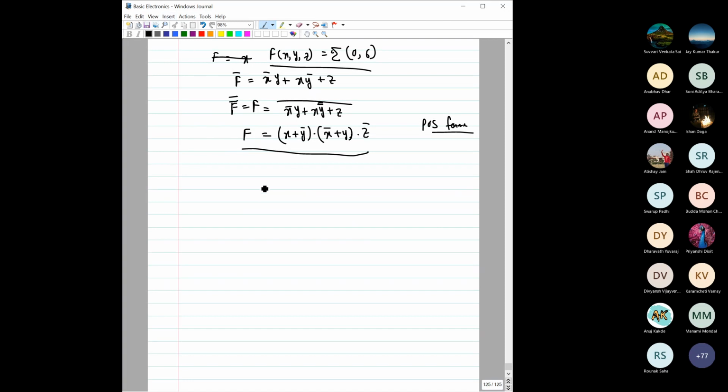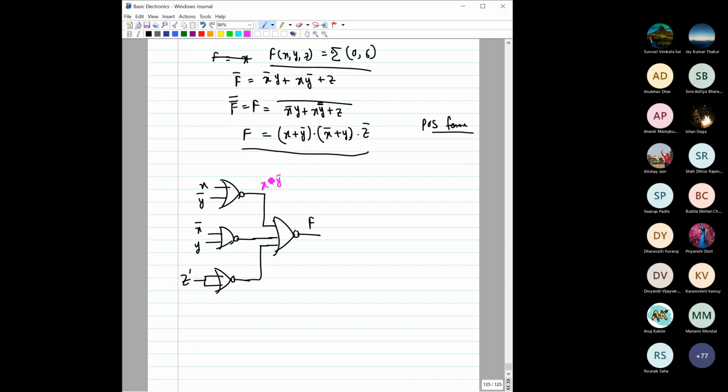So it is not difficult after that. Just directly use x, y bar, and x bar y, and here there is only one input, this z bar. So this is F. If you want to check it out, you can do that.